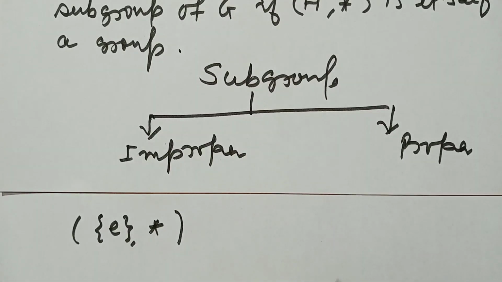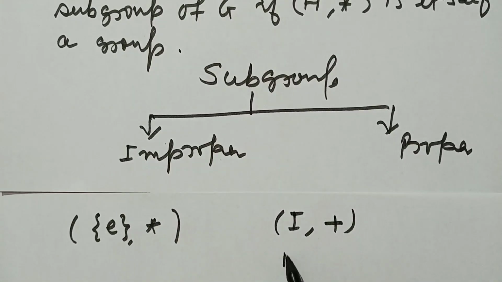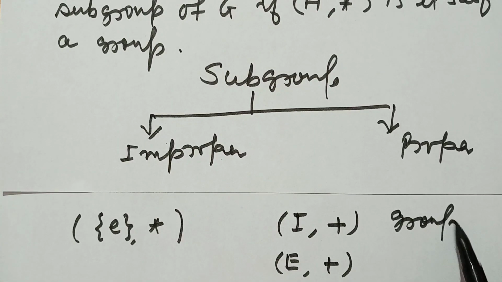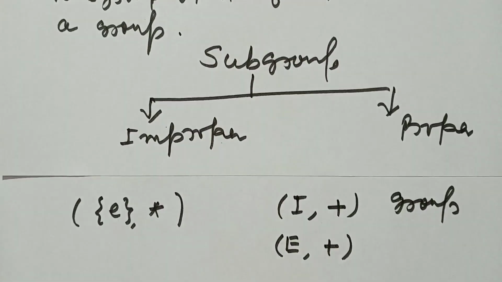Suppose the set of integers with respect to plus is a group, and if we take the set of even integers with respect to addition, this is also a group.